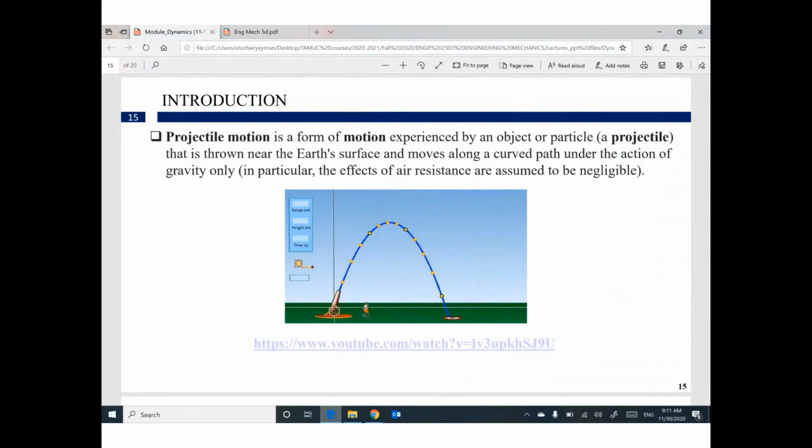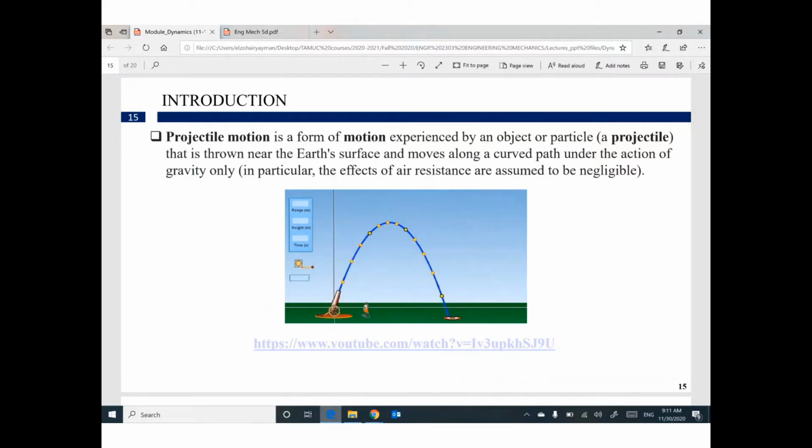Today, I'm gonna talk about projectile motion. We have a cannon. This cannon will fire a projectile, so we need to figure out the properties of this projectile.